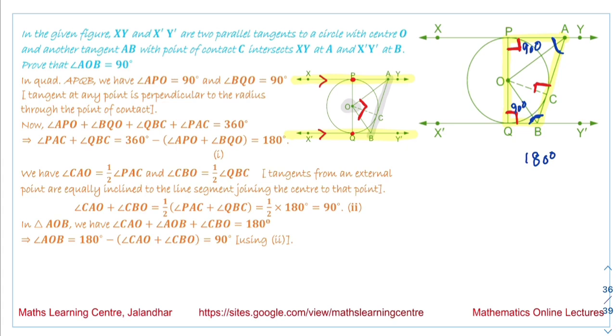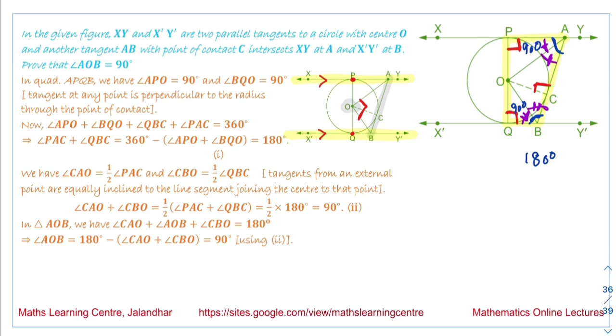Now the two angles at A are equal, because AO is the line joining the center with A, and AP and AC are the two tangents. Similarly, the two angles at B are of equal measure.